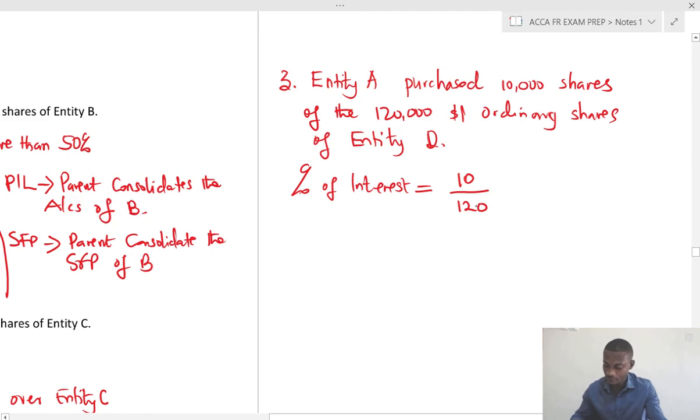So 10 over 120 should give us 8.3. So let's say this is 8%.